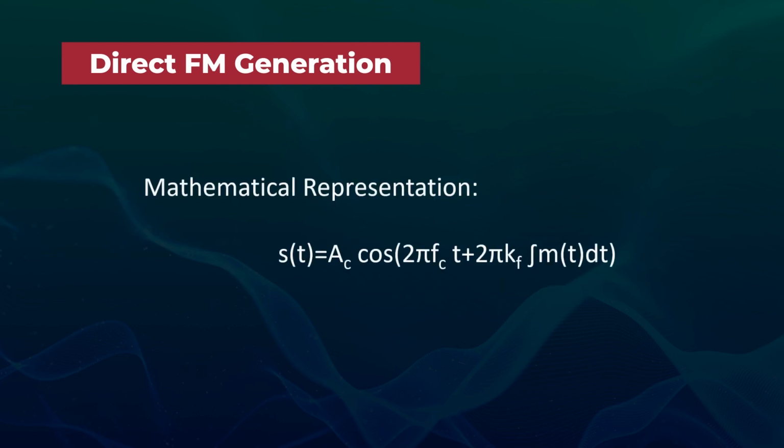Recalling the mathematical representation of FM signal in direct FM generation, which was represented by s(t) = Ac cos(2π fc t + 2π kf ∫m(t) dt). This is the fundamental equation. The frequency deviation is directly proportional to the amplitude of the modulating signal m(t).